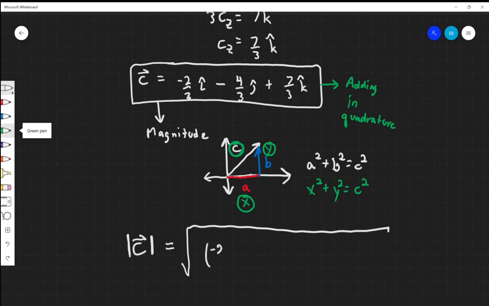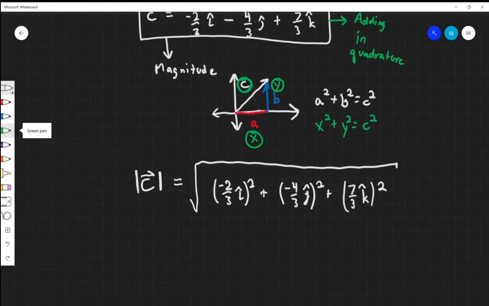So I have negative 2 over 3 in the i hat squared, plus negative 4 over 3 in the j hat squared, plus 7 over 3 in the k hat, all of that squared. Type this all into your calculator. Make sure that you can get these numbers out, and you'll get C is equal to the square root of 23 divided by 3.